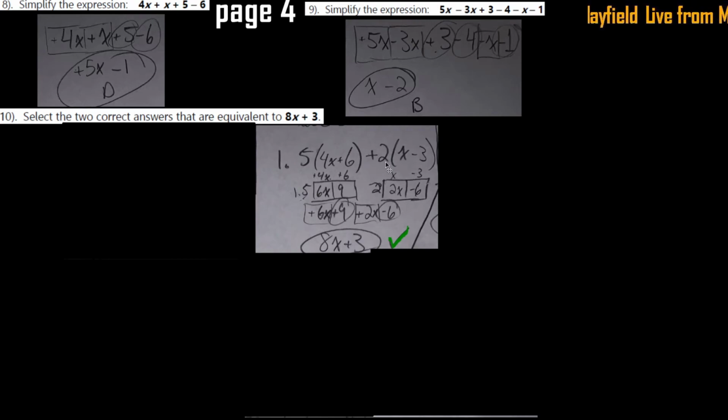So again, anytime you see these grouping symbols, you want to make sure you always think multiply. So I'm multiplying each of these inside terms by the outside amount. Again, group those like terms together. So 6x plus 2x is 8x, and 9 minus 6 is 3.